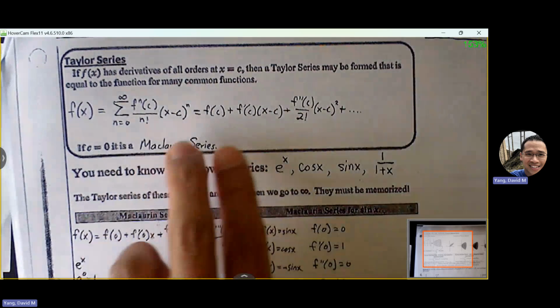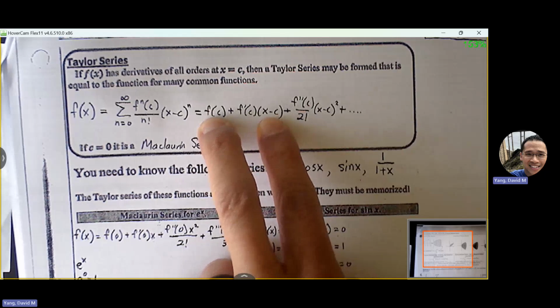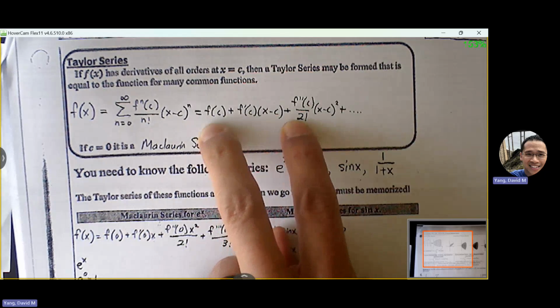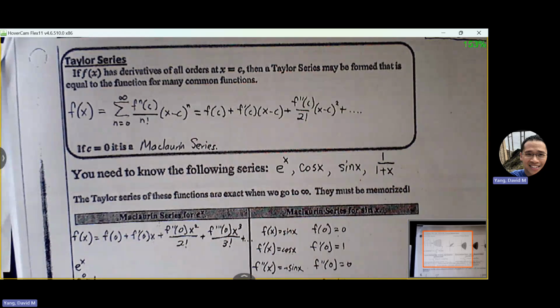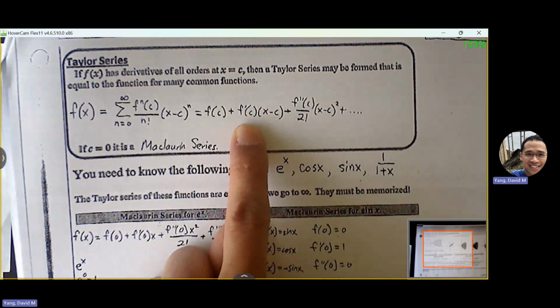So the way we build Taylor series is we're gathering information from the function that we want to imitate or emulate, and we're pulling the y value, the slope, the concavity, the third derivative, the fourth derivative.